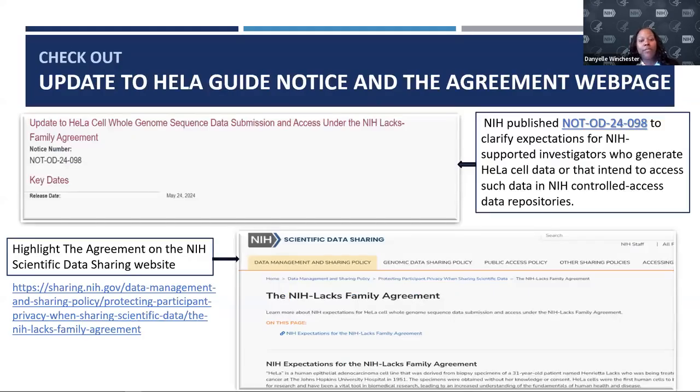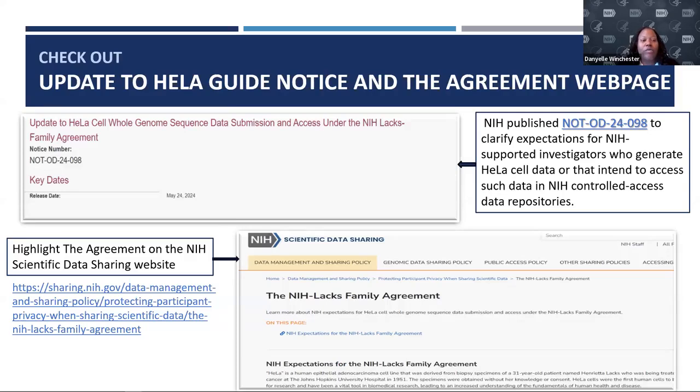So as I mentioned before, NIH published a guide notice to clarify expectations for NIH-supported investigators who generate HeLa cell data or intend to access such data in the HeLa controlled access data repository. It came out May 24th, almost a month from here.